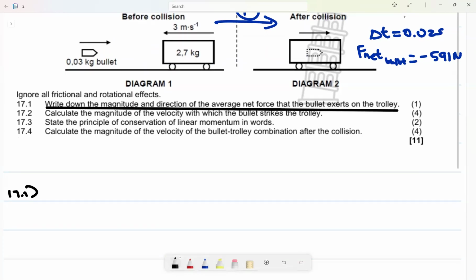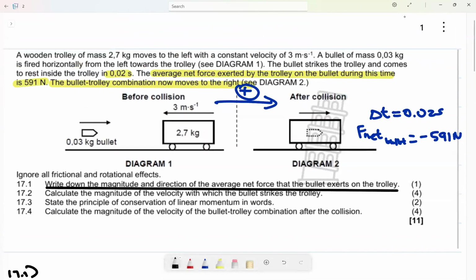If you are told that the average net force exerted by the trolley on the bullet is this one, it means the average net force that the bullet exerts on the trolley will be the negative of this.